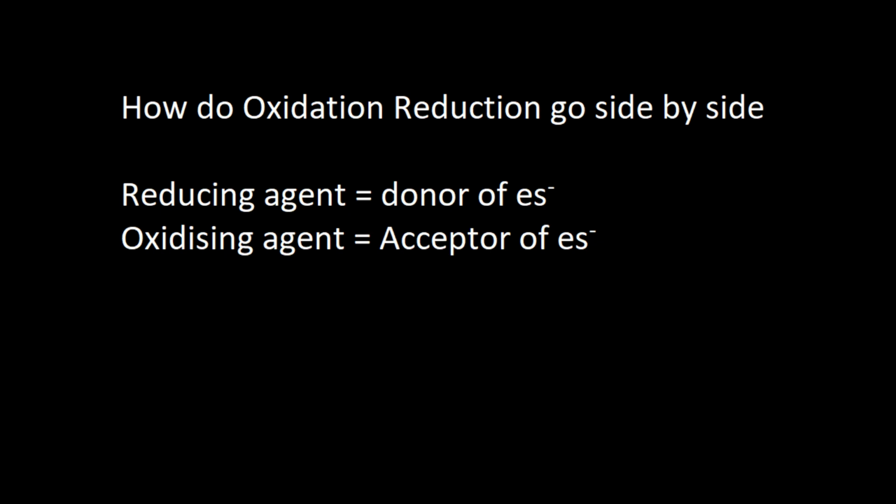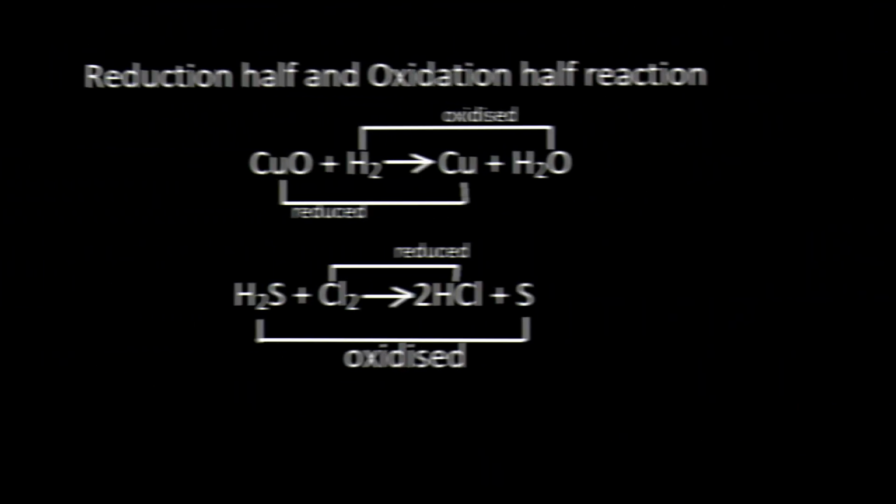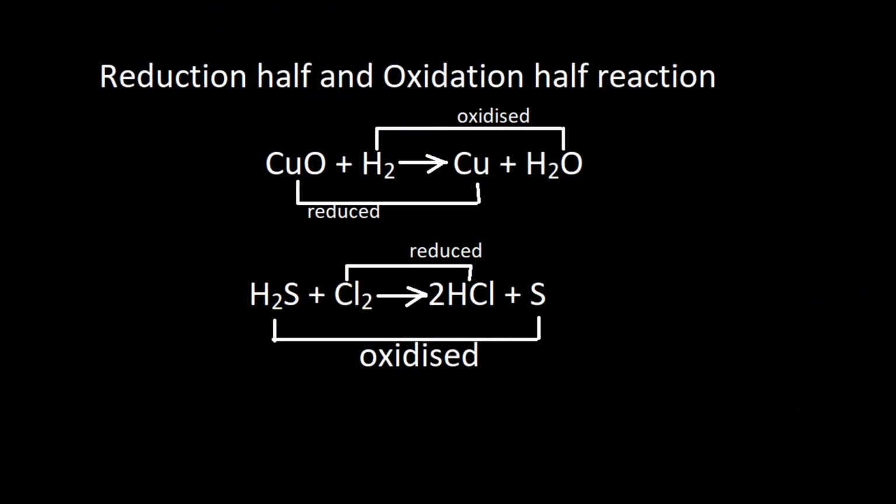Reducing agents are donors of electrons and oxidizing agents are acceptors of electrons. So oxidation and reduction reactions occur simultaneously because electrons lost by reducing agent must be gained by an oxidizing agent. So these reactions can be completed as reduction half and oxidation half reaction.